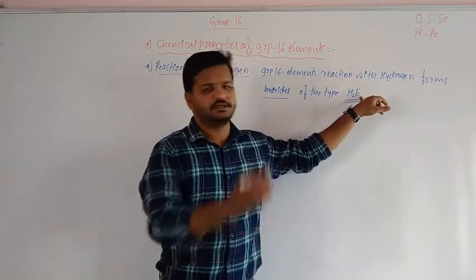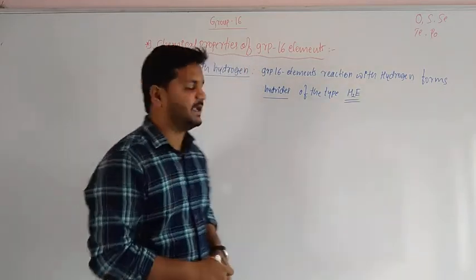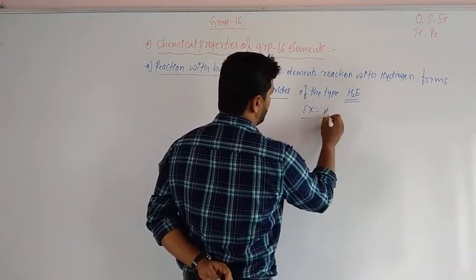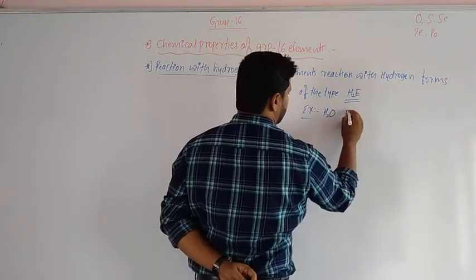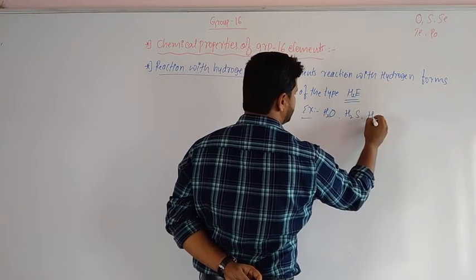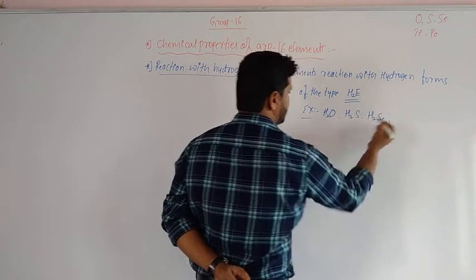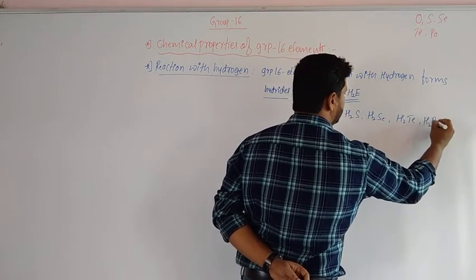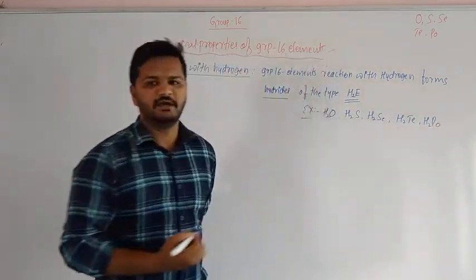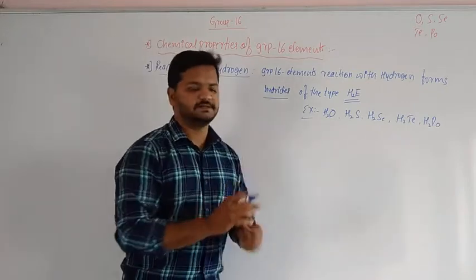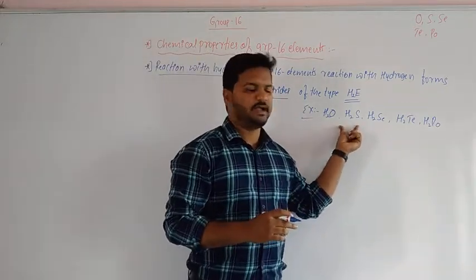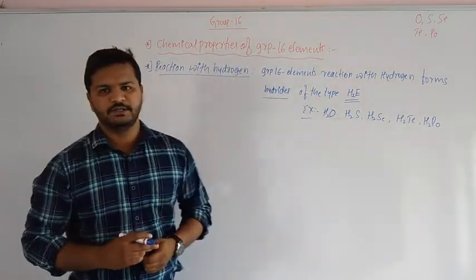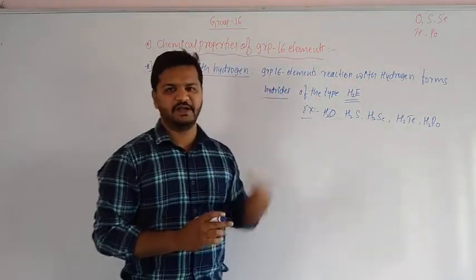Here E is nothing but the group 16 element. Example: H2O, H2S, H2Se, H2Te and H2Po. So these are examples of hydrides: water, hydrogen sulfide, hydrogen selenide, hydrogen telluride, hydrogen polonide.